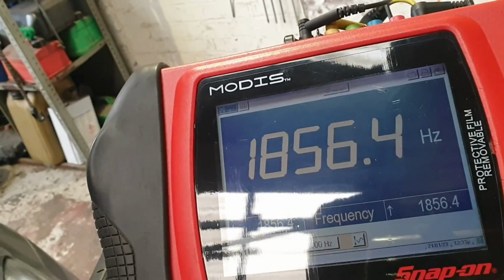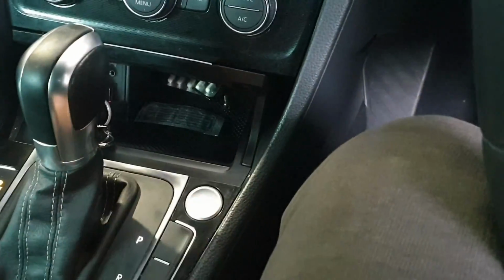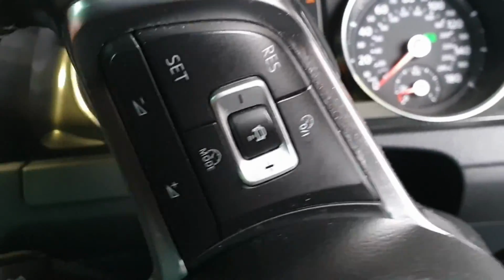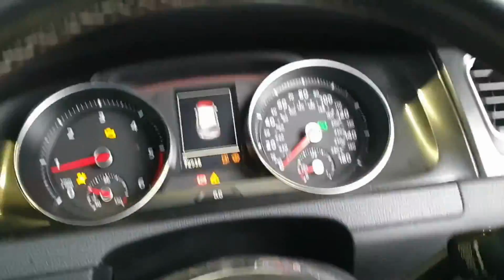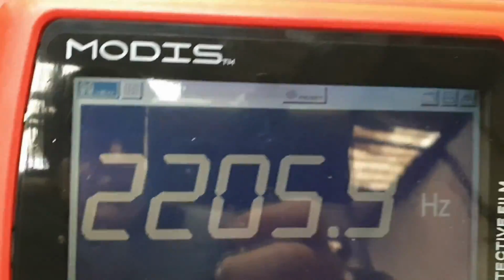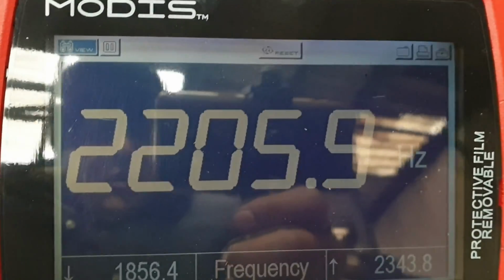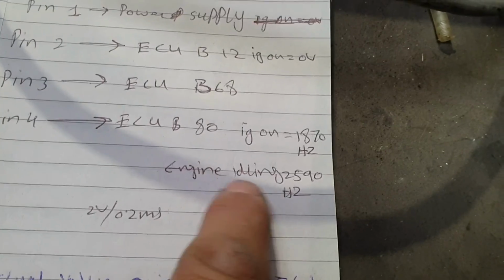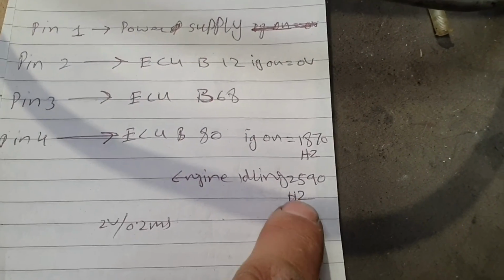I'm going to start the engine. I have started the engine. As you can see, the engine is running, and with the engine idling we have 2205.9 hertz, and the manufacturer specification is that at engine idling we should have 2590.